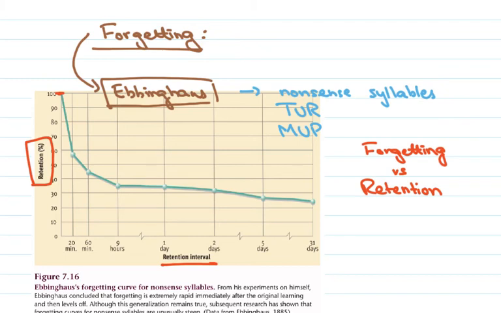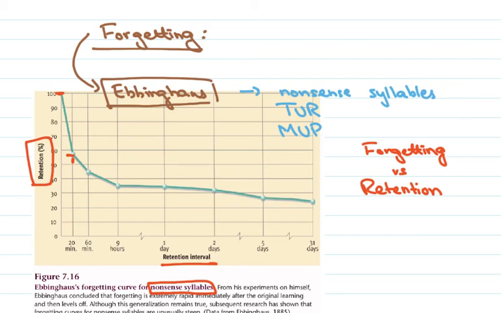Here you have 100% retention, but then there's a very quick drop, and this very quick drop is within the first 20 minutes of having learned this material. So within the first 20 minutes of learning something, you're forgetting it. This applies not to all material, but very specifically to Ebbinghaus's curve for nonsense syllables.